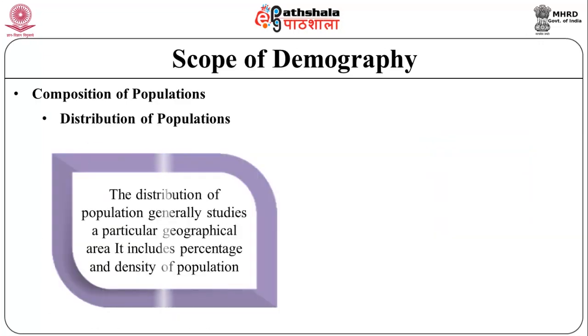Next is distribution of populations. The distribution of population generally studies a particular geographical area. It includes percentage and density of the population in question.